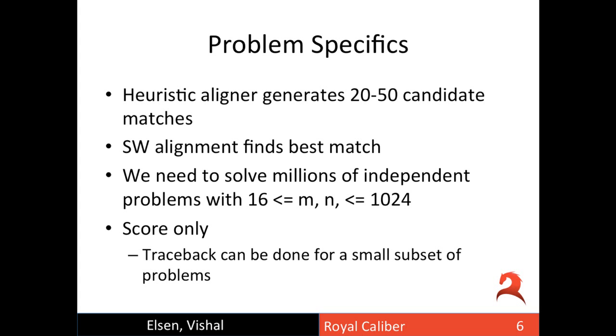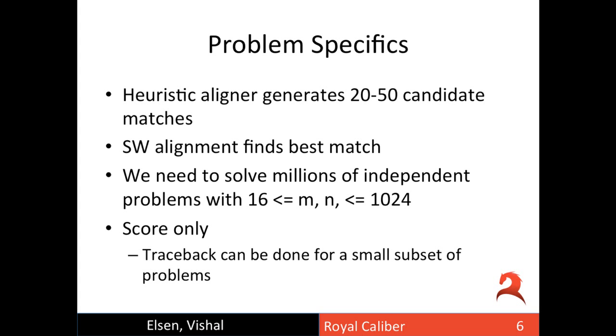The other important thing is, because we're aligning one read that we get off the chip to 20 to 50 possible candidate sequences, we only need to compute the score first. Obviously, when we compute an alignment, we want to figure out how the sequences actually align. That's really what we want to know.